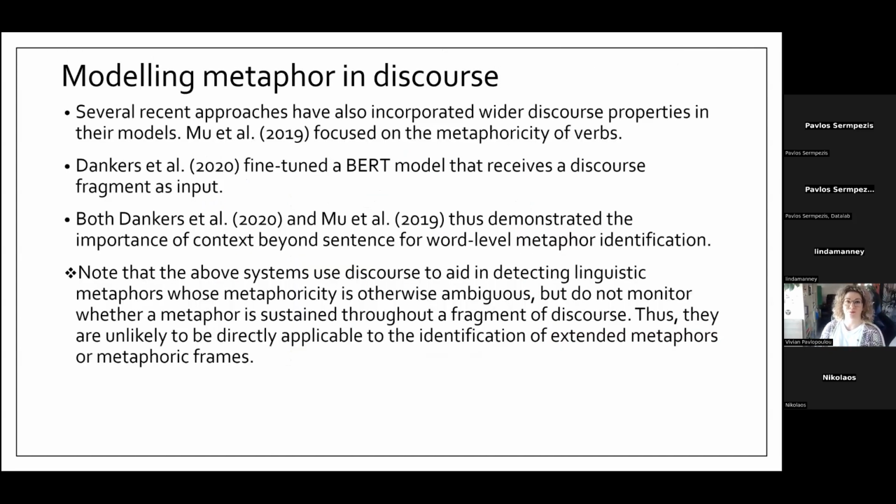Okay. Now, modeling metaphor in discourse. There are several recent approaches that have also incorporated wider discourse properties in their models. For example, Mu et al. in 2019 focused on the metaphoricity of verbs.